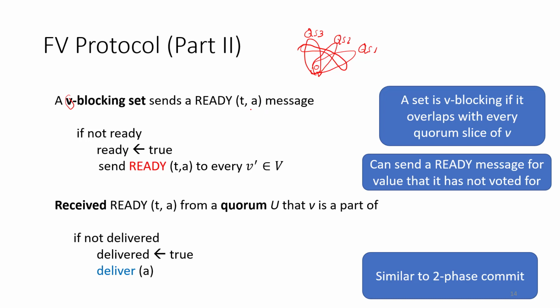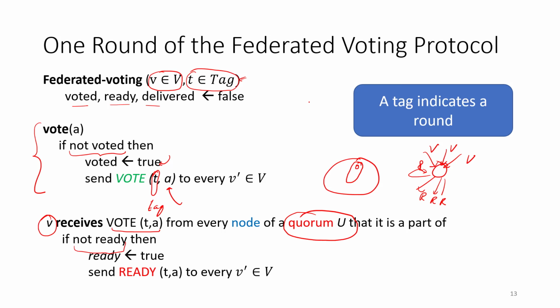So if it sends a ready message back to me and I am vertex V, then what do I know? What I know is that for all my quorum slices, at least one of the nodes has changed its status from not ready to ready, and it will not change its status ever again.